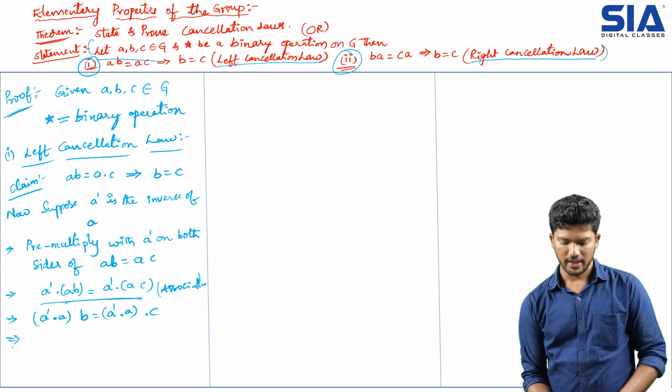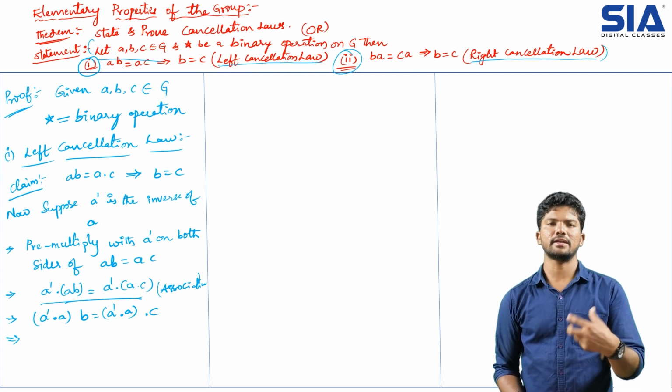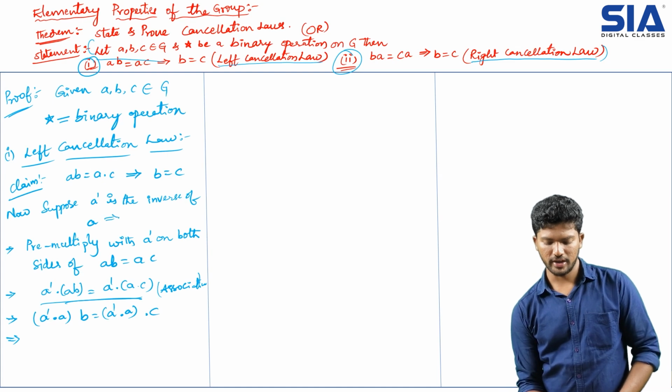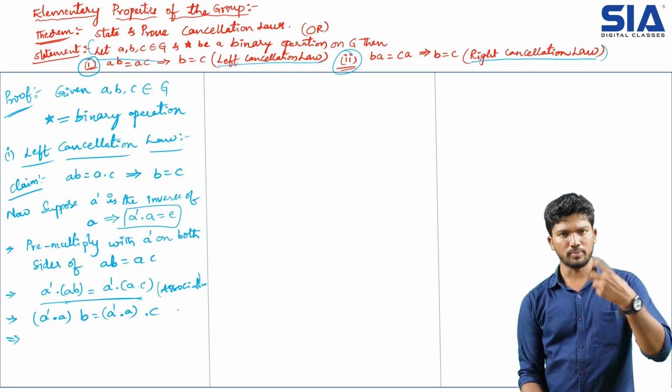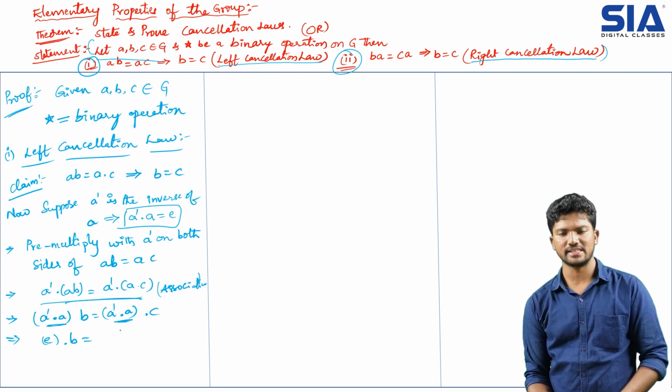Now here a dash is the inverse of a, which means their multiplication is equal to the identity element. So clearly a dash into a is equal to small e. Now by the identity property, we can write small e into b is equal to, on the RHS also, small e into c.